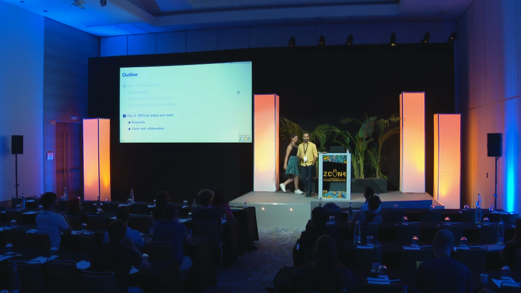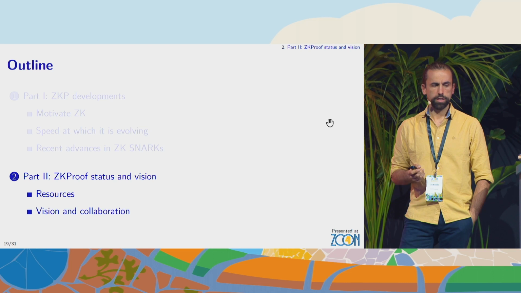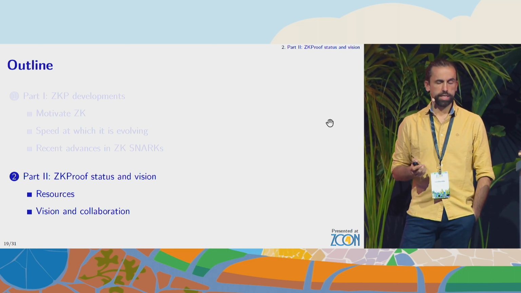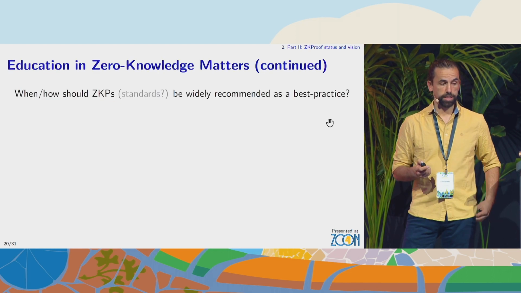Thank you, Mary. So continuing this part of the talk, we want to go a bit beyond research papers and think more from a perspective of community, and maybe bring up the topics of education and standards. And really, the ZkProof initiative, which I believe the audience here would have heard of by this point, is the natural setting for this type of community discussion.